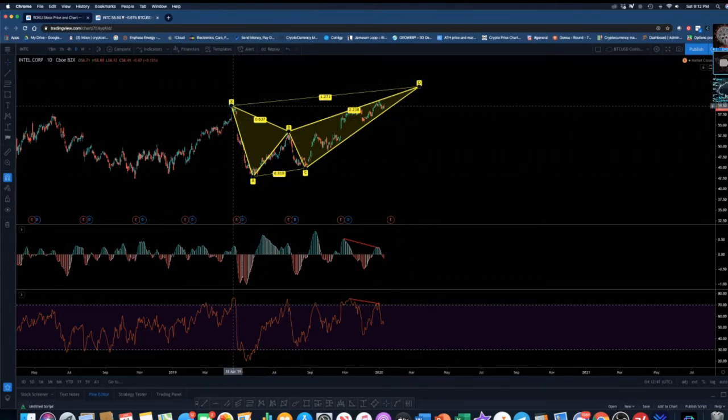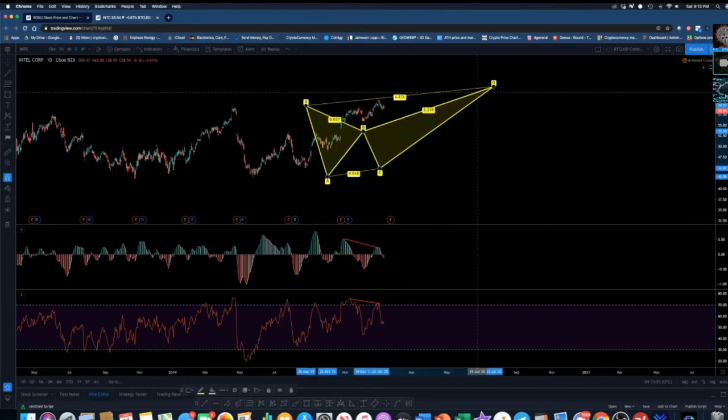Look at from X to A, we basically retraced a 1.618, okay? And then from A to B, you put in basically an 0.886. So this is harmonics, okay? Those are the kind of things you're looking for. If it's hard for you to identify them without seeing the geometry of the pattern, do it with a naked fib, right?